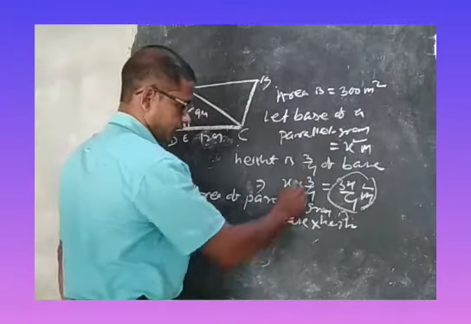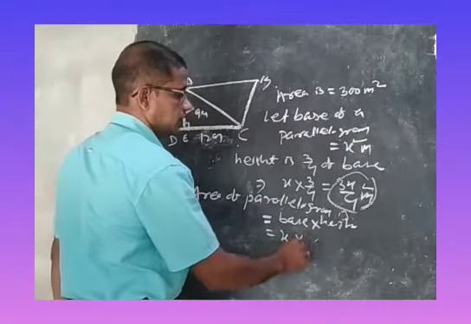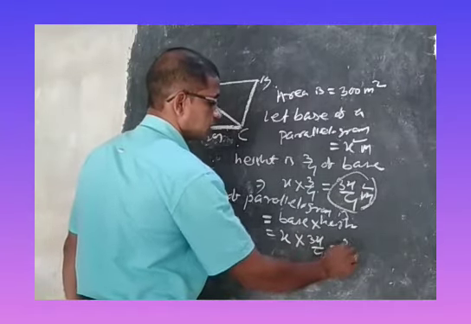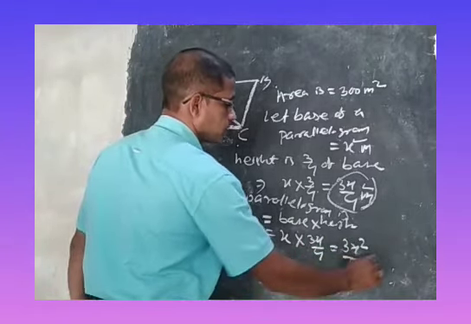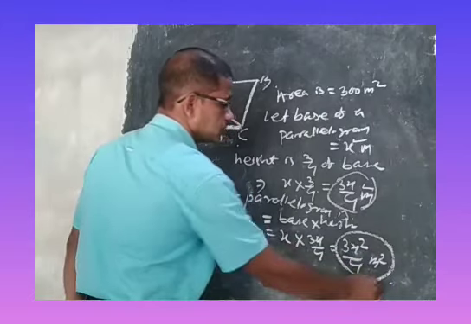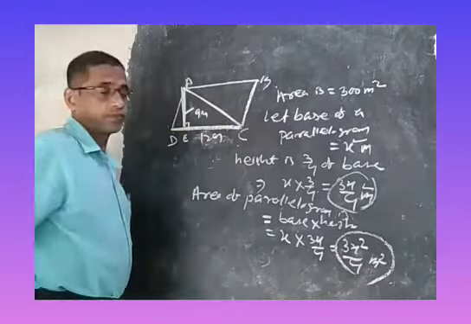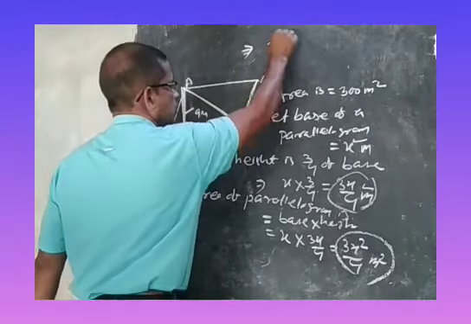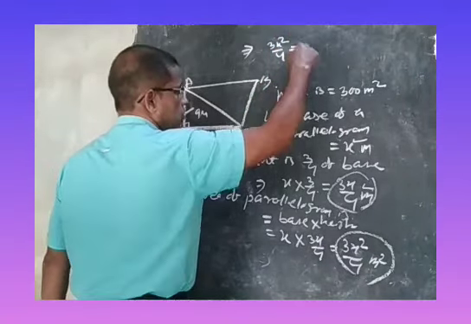Base is equal to x. Height is equal to 3x by 4. 3x square by 4 square meters is equal to 300. This implies 3x square by 4 equal to 300.